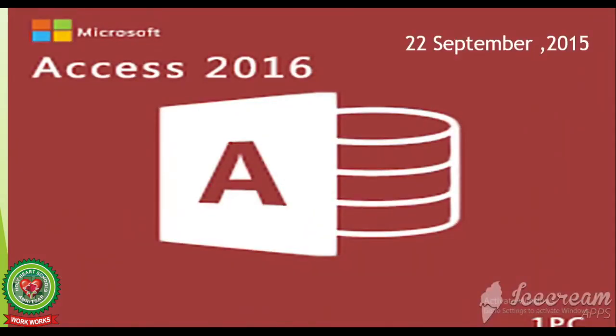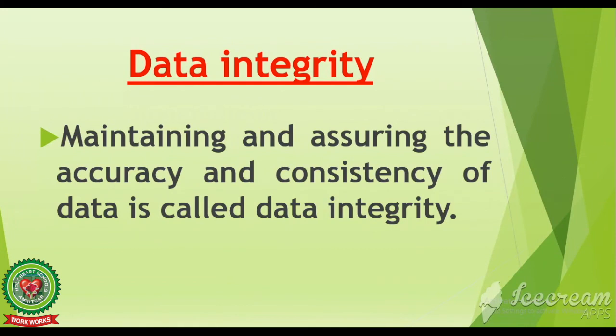Now, you know students, Access 2016 is the latest version of Access, which was released on September 22nd, 2015. Next is data integrity. Maintaining and assuring the accuracy and consistency of data is called data integrity.